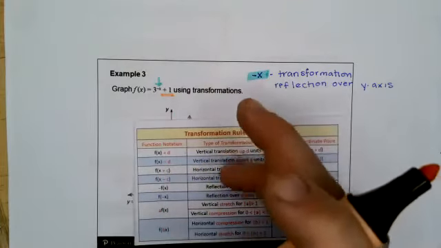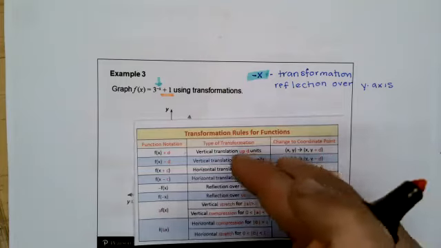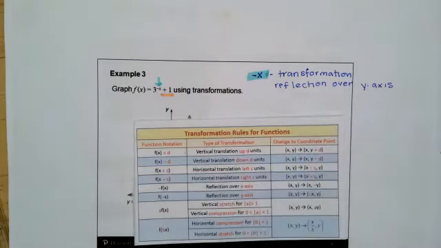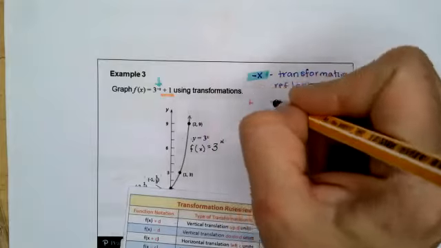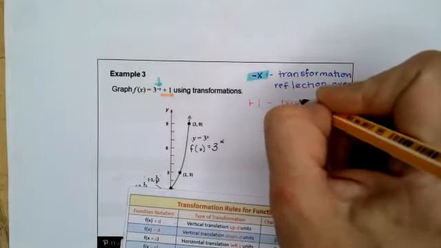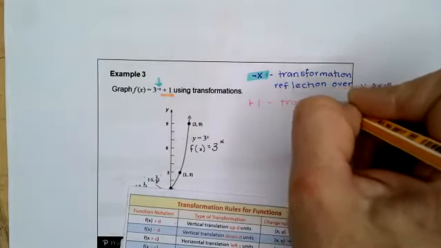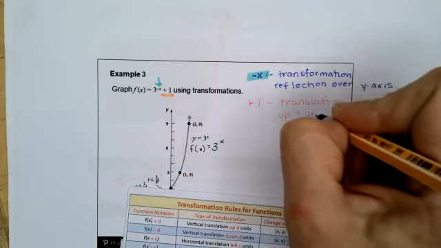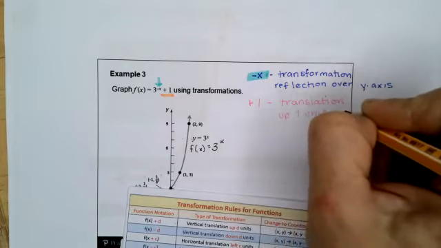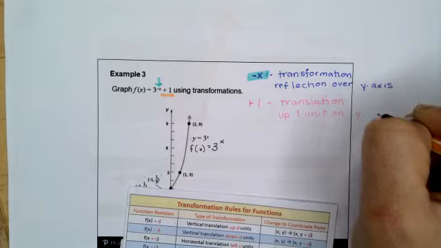So it would be a vertical translation. Because we're adding one, it's a vertical translation up 1 unit on the y-axis.